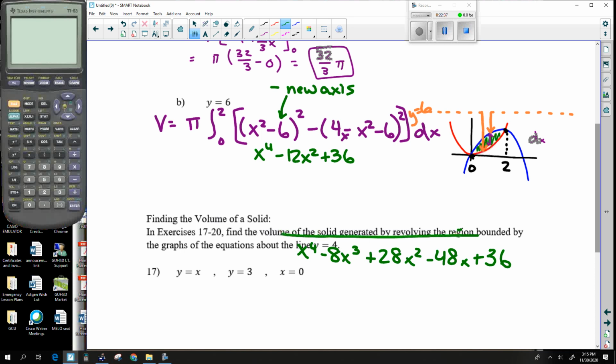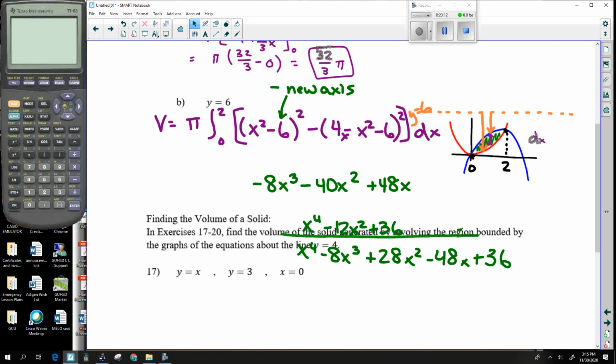Ultimately this is going to be 0x to the fourth, negative 8x to the third, negative 40x squared, because it's 12 minus 28. The x's are going to be a positive 48x, and the number is going to be 36 minus 36, which is 0. So this is my resultant polynomial.